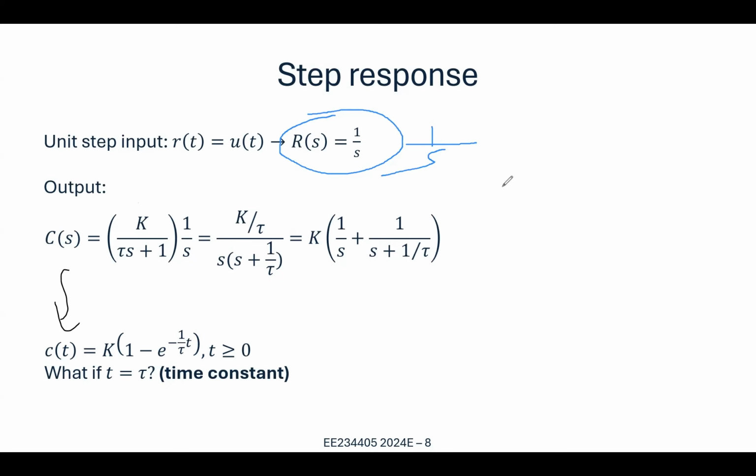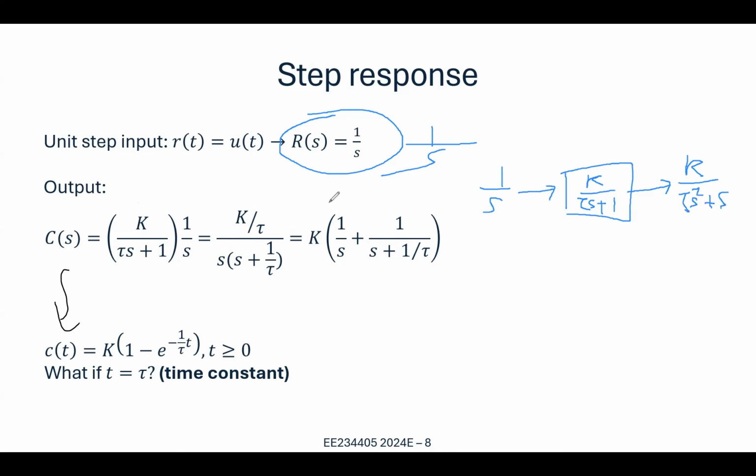Again, by the same logic, if we have 1 per s as the input and the system k per tau s plus 1, the output here would be k per tau s squared plus s, right?